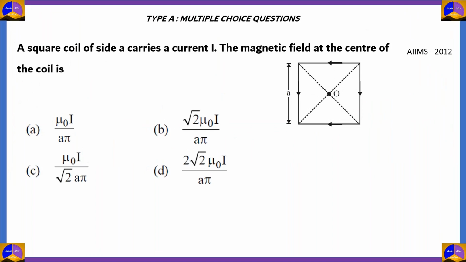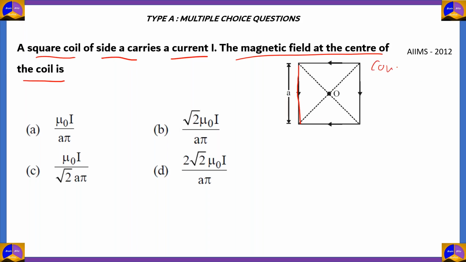Next question. A square coil of side A carries a current I. The magnetic field at the center of the coil is. So in order to solve this question, we notice that we have four sides to this square coil.